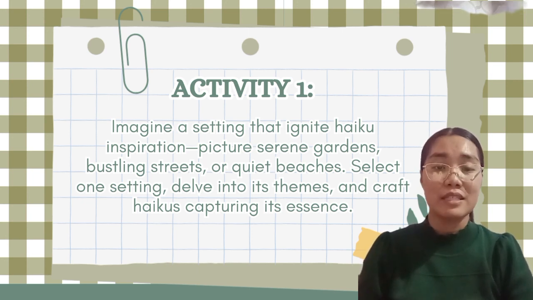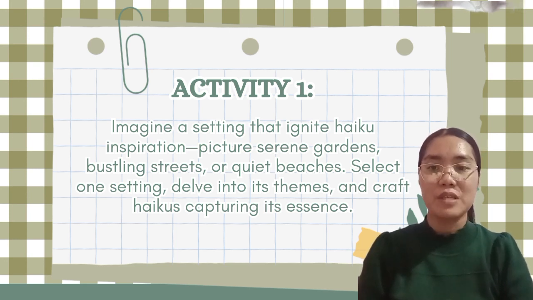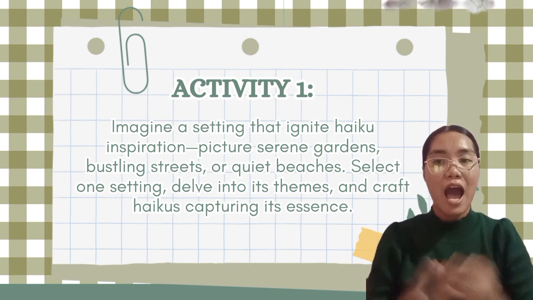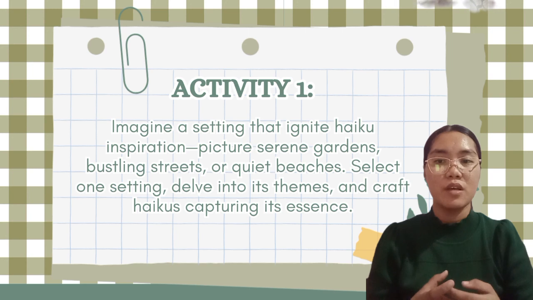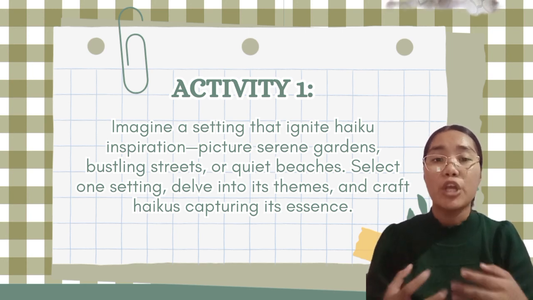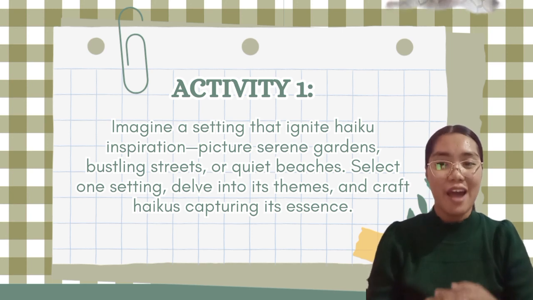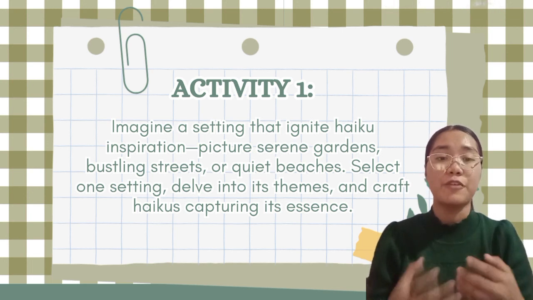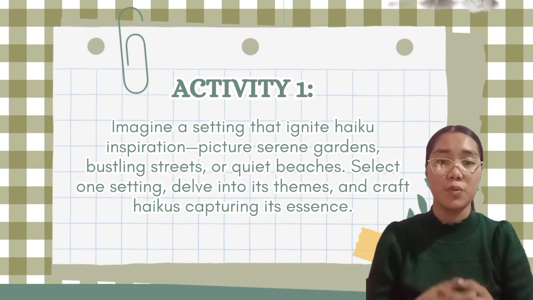Select one setting, delve into its theme, and craft haikus capturing its essence. So it means that I want you to imagine a setting where you can be motivated to write a haiku. That's the first activity that you are going to do.